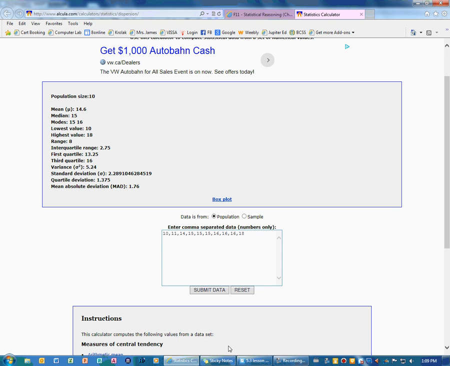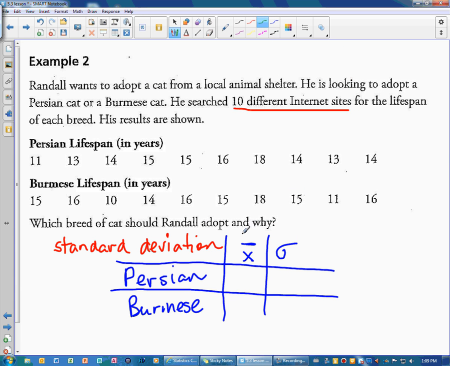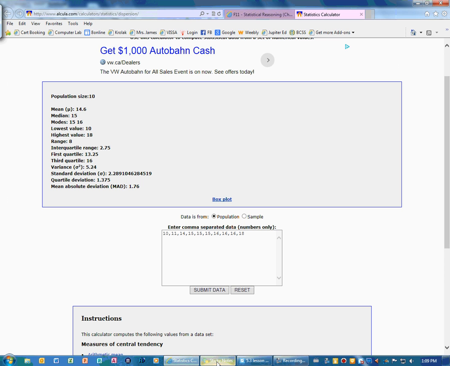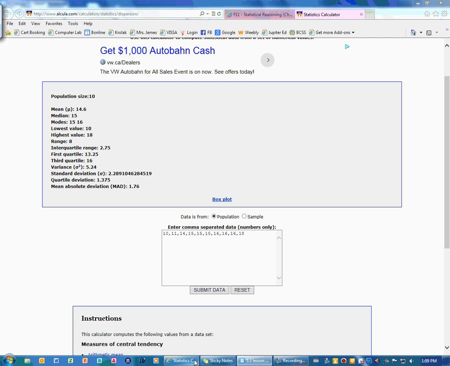And notice the symbol they're using, mu, which is kind of funny because we're talking about cats. Sometimes we use this symbol for average as well. It's called mu. So the Burmese average was 14.6. And the standard deviation was 2.29.